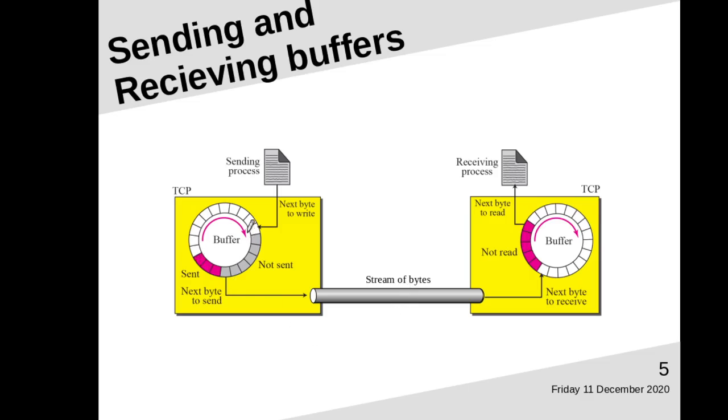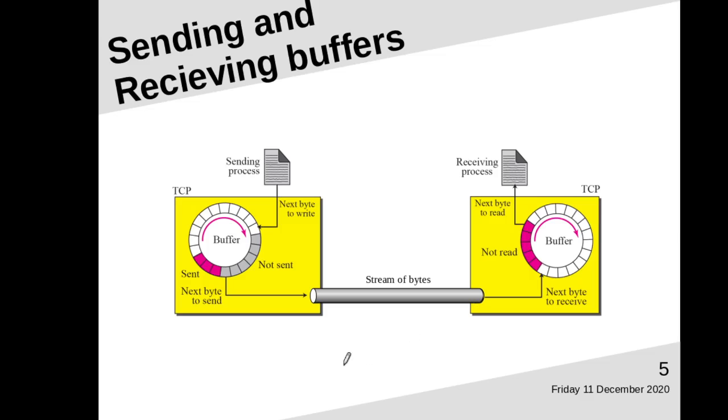So here you will keep on writing, it will be kept in the buffer, and on the receiver side you will have another buffer which will be filled with the stream of bytes, and according to the speed of the process it will be read. So that is how these things are done.